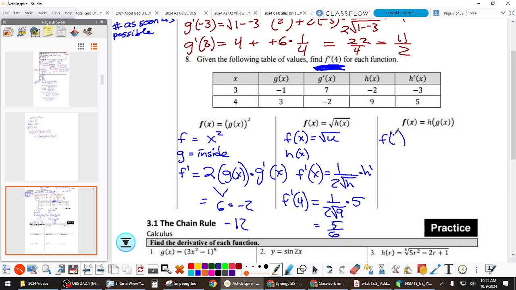This time f is h of something, right? So I'm going to write it actually better than that. So f of x is actually h of x. And then g is the inside. So f prime is h prime g of x times g prime of x.